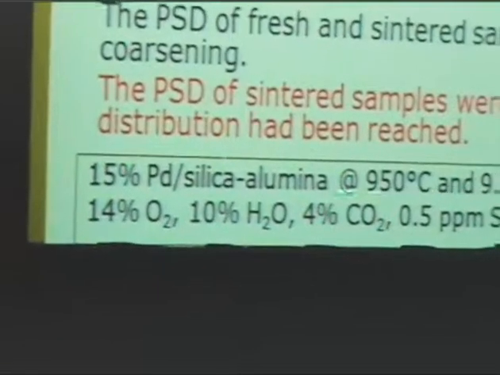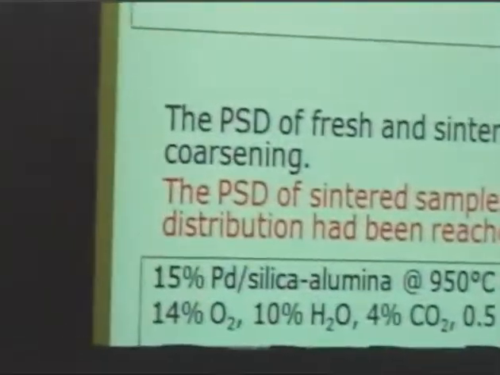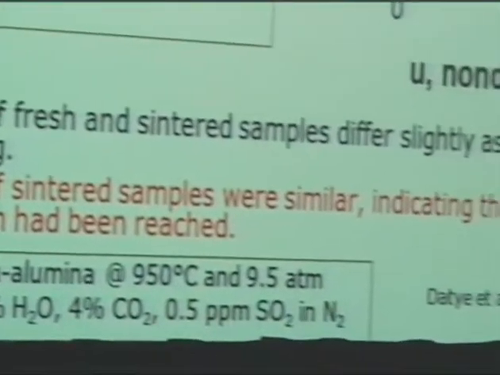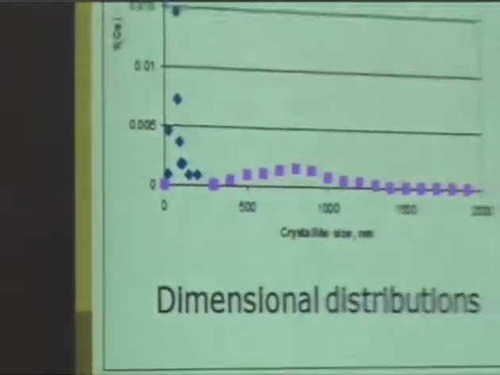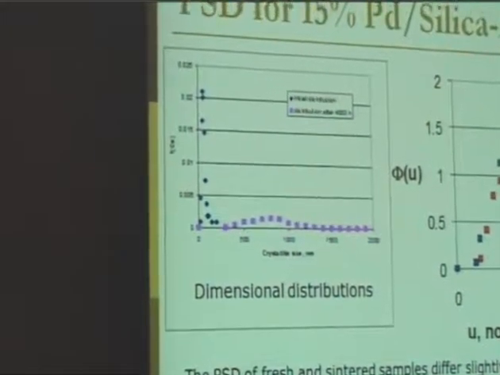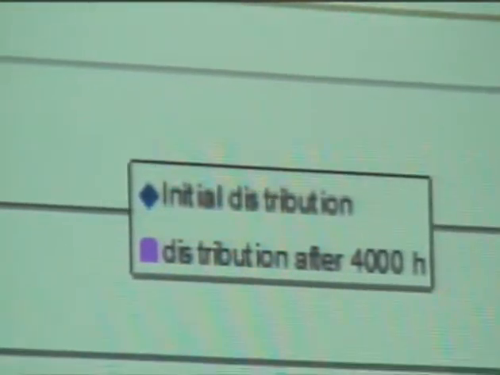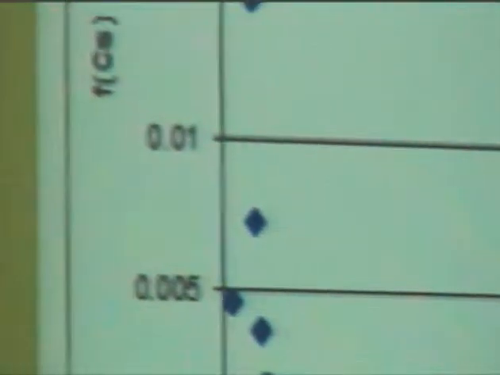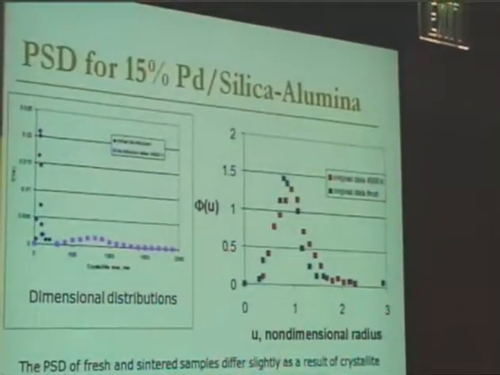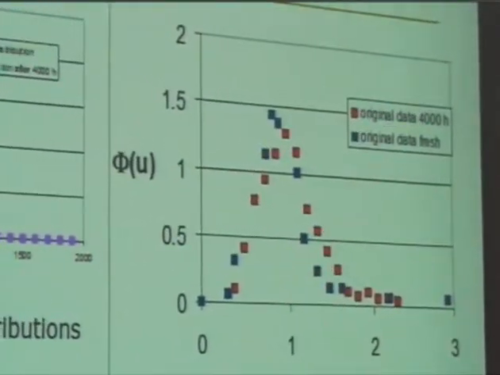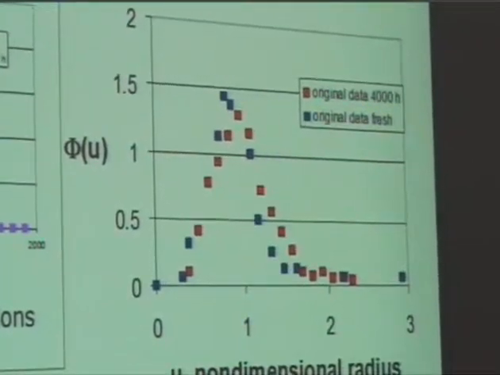This is a 15% palladium on silica alumina catalyst treated under these conditions. Okay, and this is the publication. So what we see is that the blue distribution is the one that has the original data, and the red one is the one sintered after 4,000 hours.